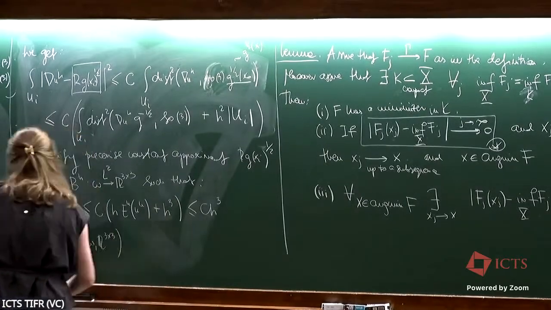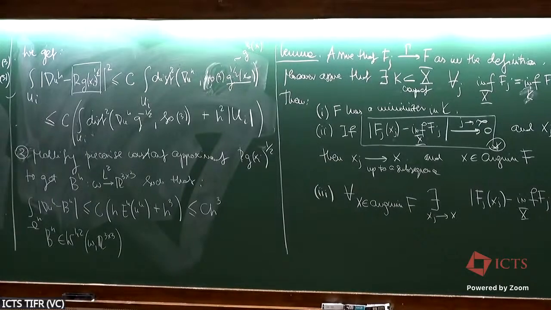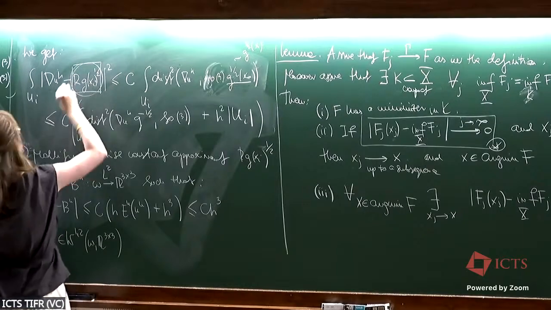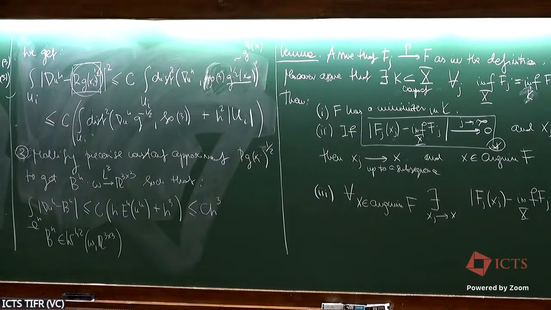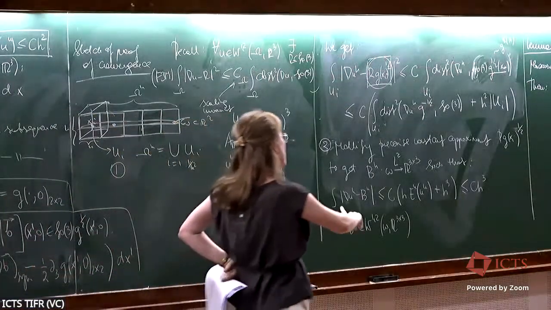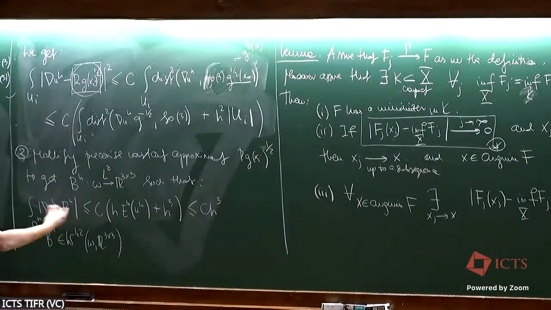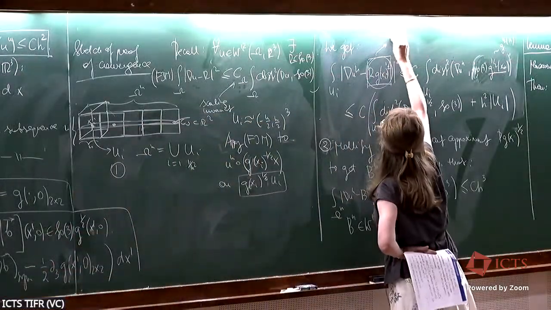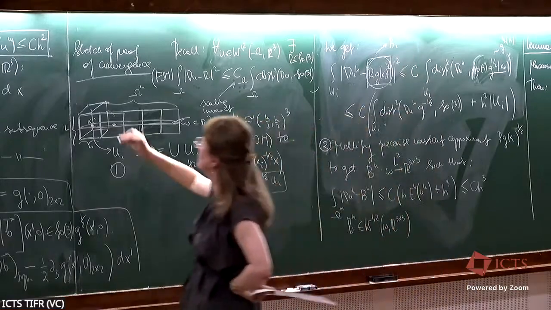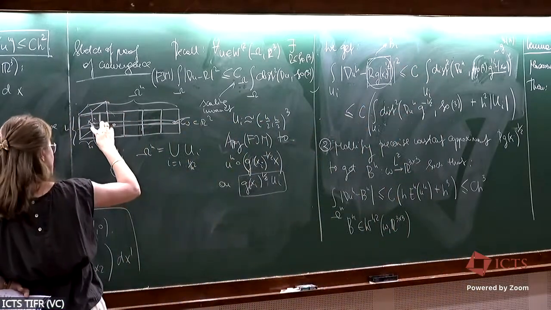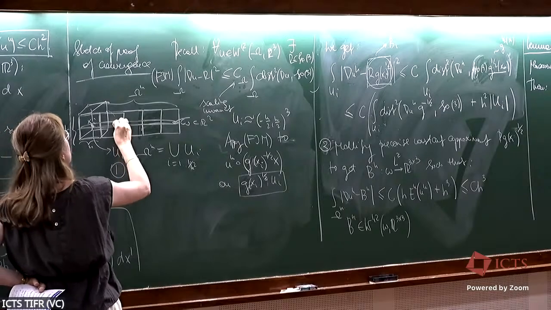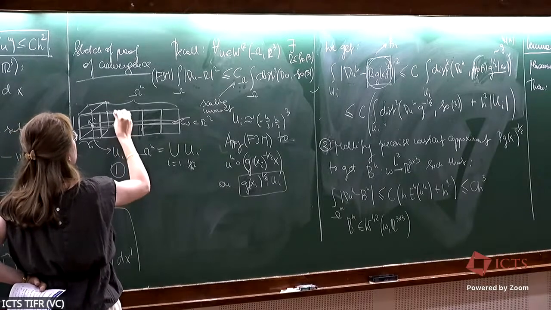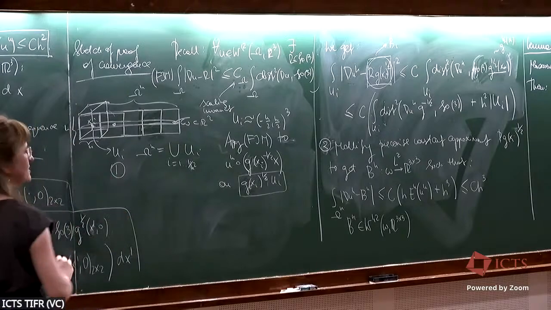And how can I prove, how can I expect this type of estimate? Well, I need to know how this approximation differs from the nearby approximation. So I need some sort of difference quotient bound on the B, right? Let's call this BI, which is B at xi, and B at the next nearby cube in my partition.